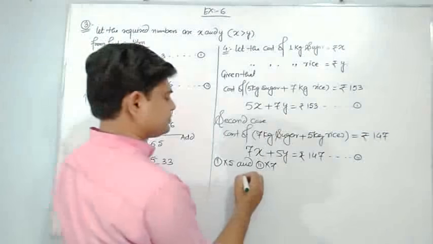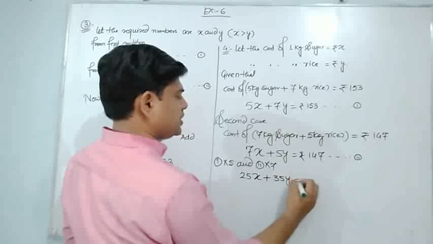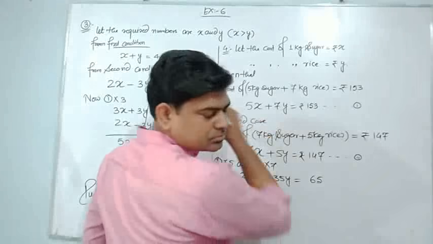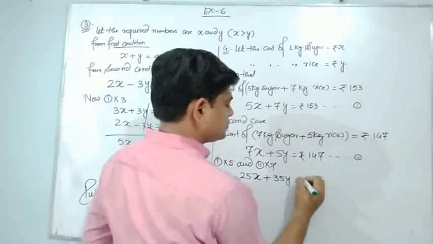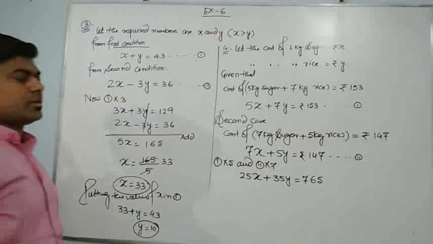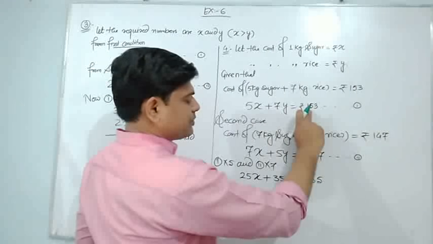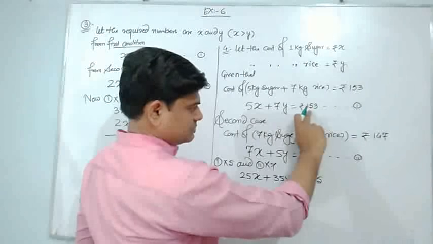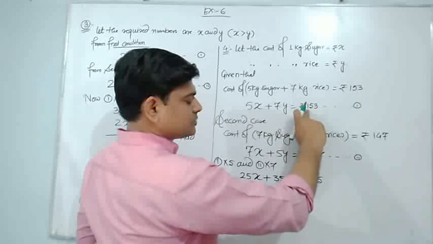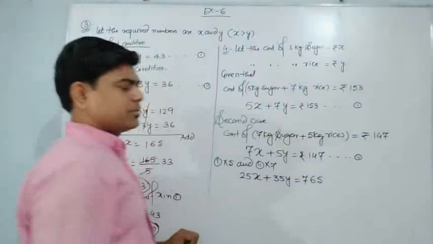What will happen? 25x plus 35y is equal to, you can see what I have written: 5 into 3 is 15, 5 into 5 is 25, plus 1 is 26, and then 5 into 1 is 5, plus 2 is 7.